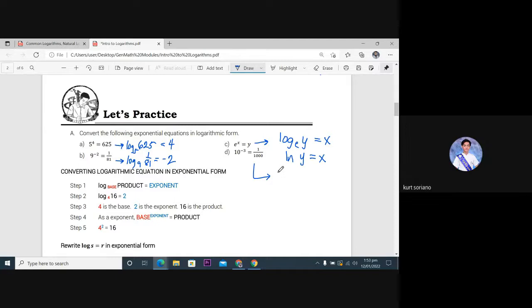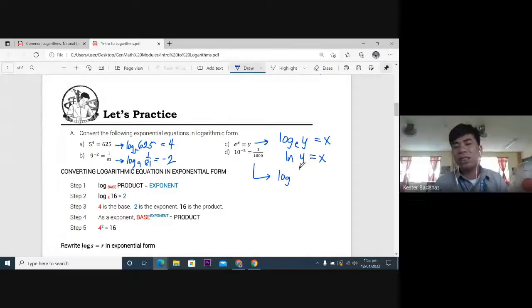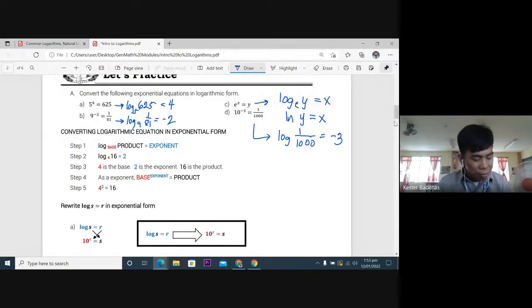So, log of 1 over 1,000 is equal to -3. That's correct. So we have logarithm or log of 1 over 1,000 is equal to -3. Very good.